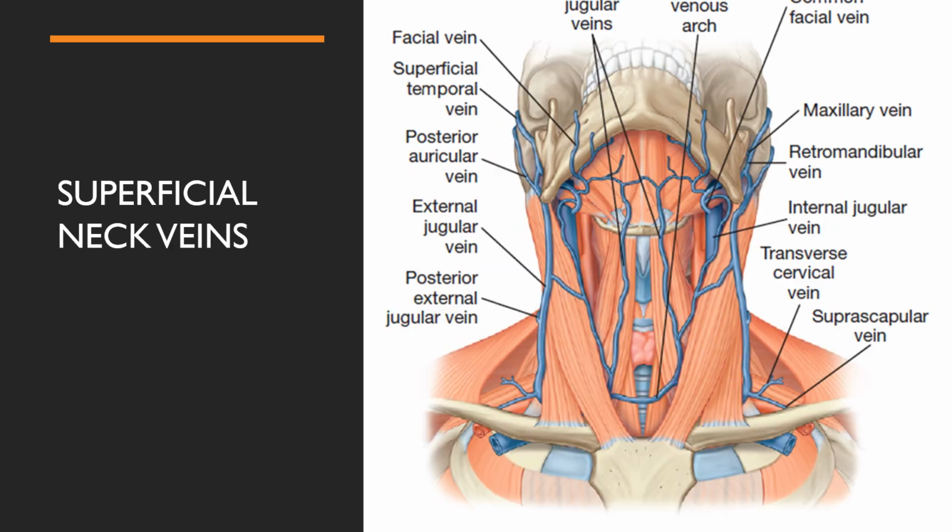Other structures also found in the superficial fascia are these veins. We have the external jugular vein, which is here, and these two veins here, which are called the anterior jugular veins. So let us start describing the external jugular vein.